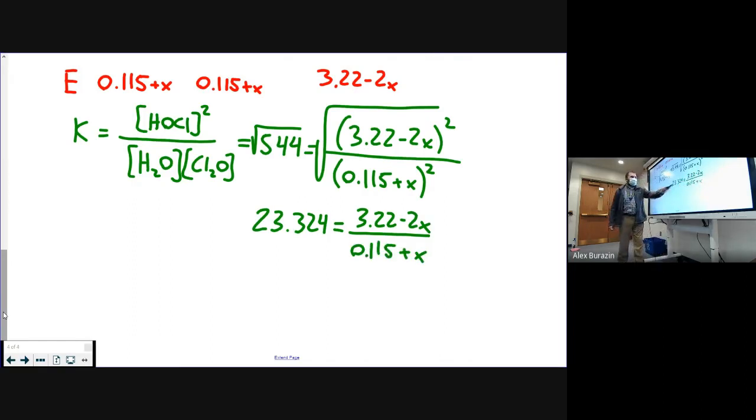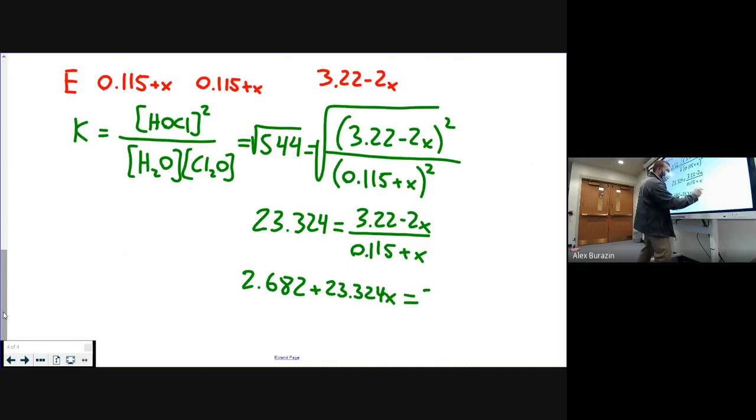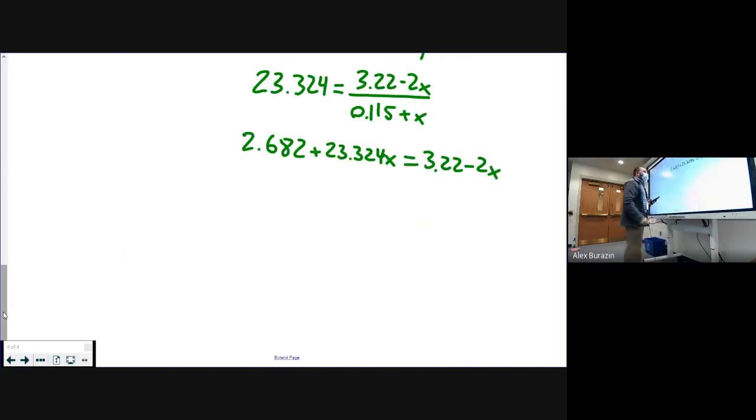I multiply both sides by the denominator, and I get 2.682 plus 23.324x equaling 3.22 minus 2x. I now want to combine my like terms, keep everything positive if I can, right? So I'll subtract the 2.68.